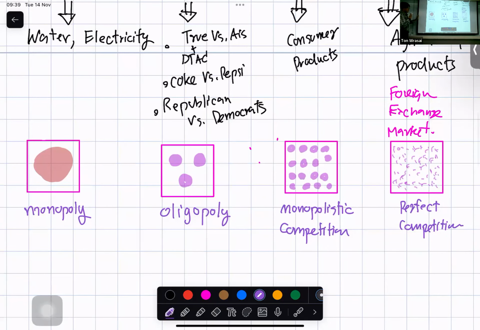For different types of market structure, ranging from no competition at all on the left towards higher and higher degree of competition to the right. The dot in the square represents number of firms to get some sense about the producers in the market. How many?